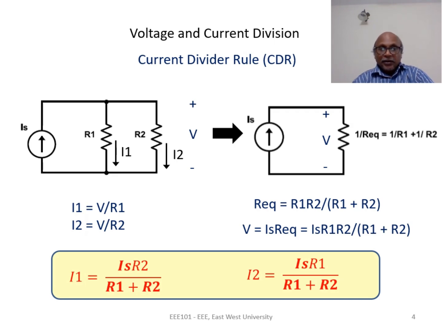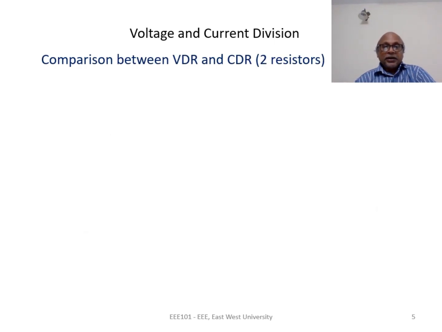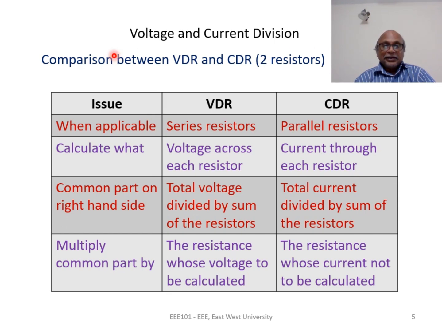We can represent the comparison between VDR and CDR for two resistances. This comparison table will not hold if we have more than two resistances in series or more than two resistances in parallel. So for two resistances, this table tells us what the comparisons are.